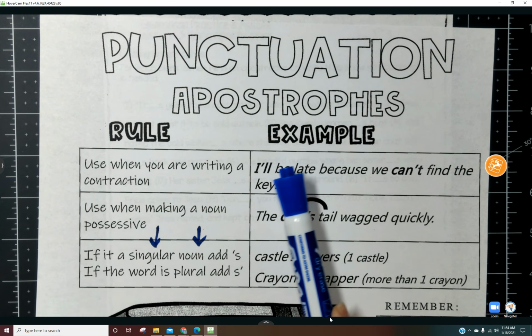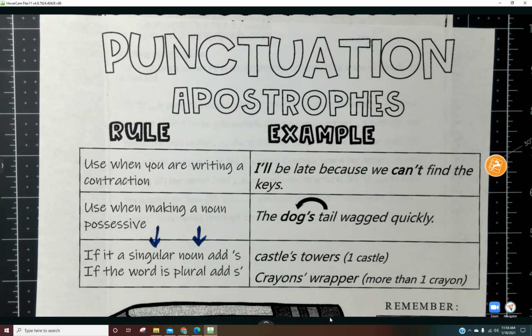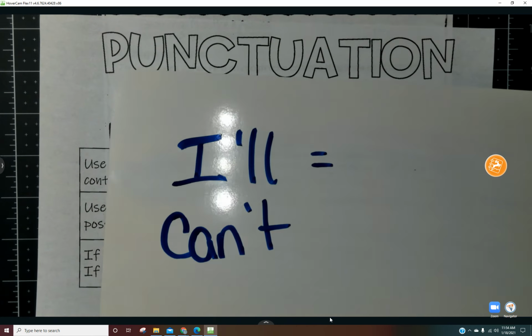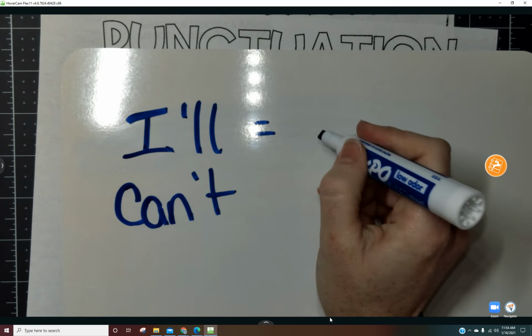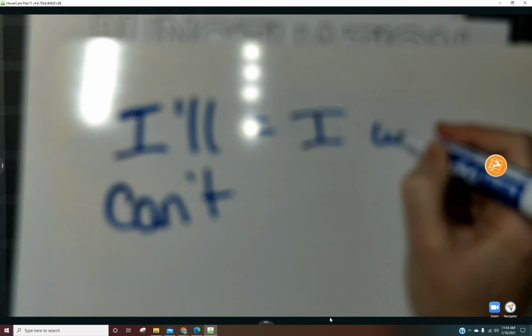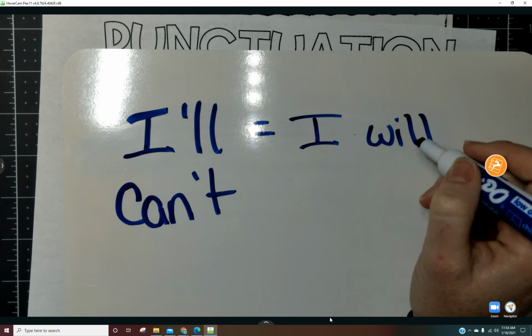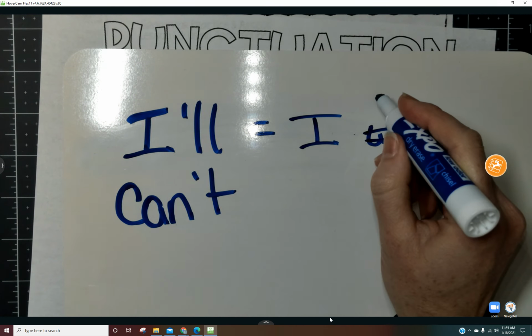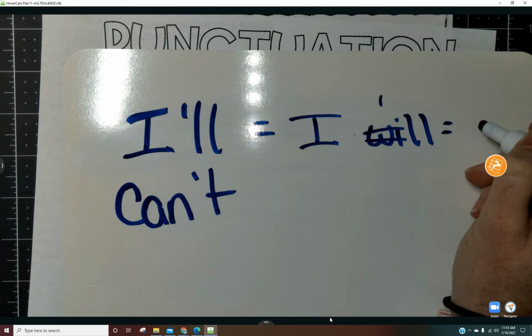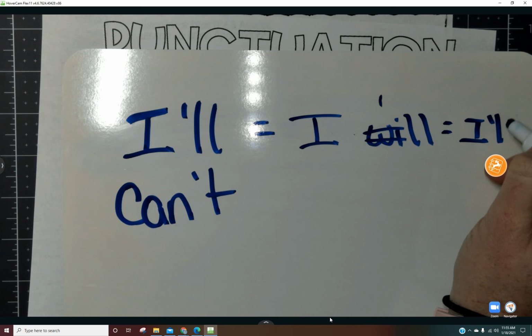So here we have the example, I'll be late because we can't find the keys. So I'll and can't are contractions. I'll stands for I will. Well, it's shorter and easier if we replace the W and I with an apostrophe and we write that as I'll.